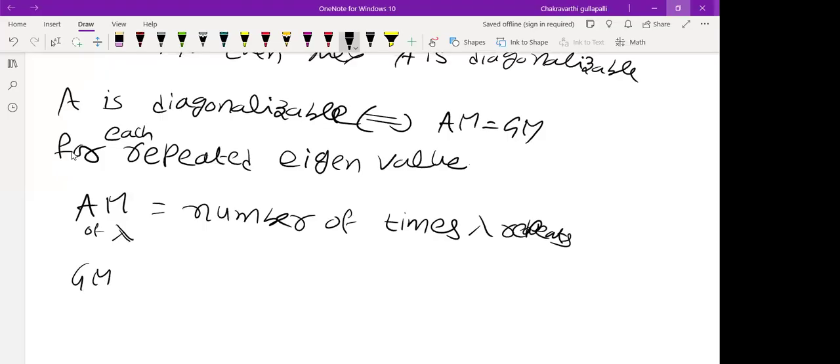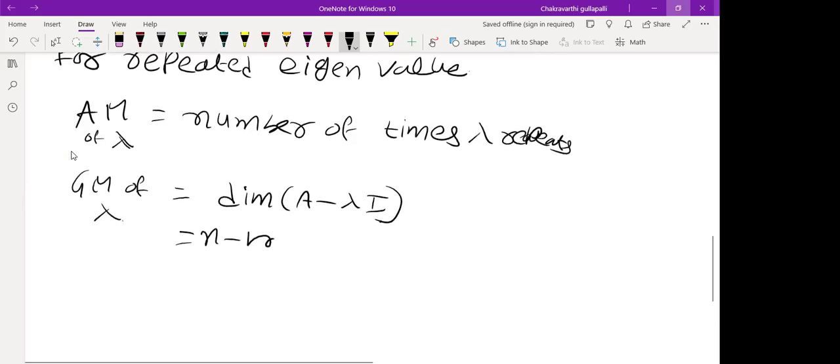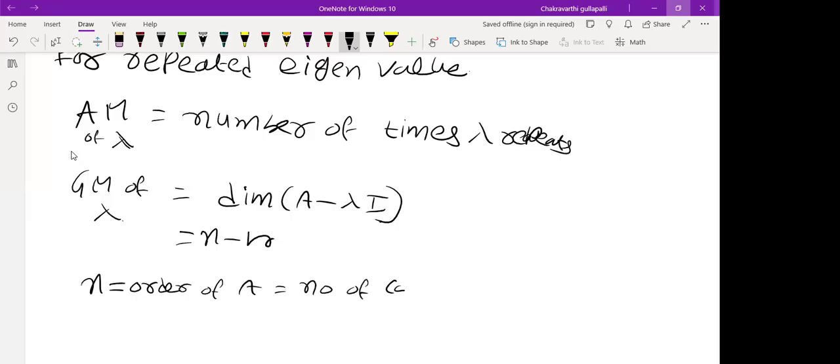What is GM? It is the dimension of the null space of A minus lambda I, corresponding to lambda, and is given by the formula n minus r. What is n minus r? n is the order of A, or the number of columns of A.